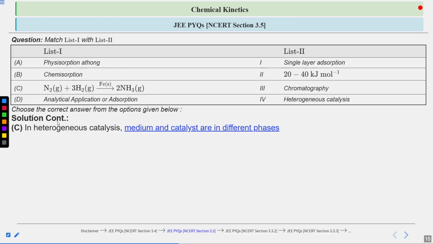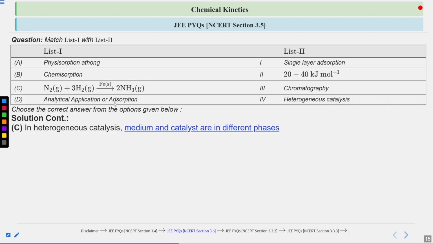Now the third one, this reaction, is a heterogeneous catalysis. Why? Because in heterogeneous catalysis, as the name says, hetero means different, homo means same. So in heterogeneous catalysis, the medium and the catalyst are in different phases. That means the medium in which the reaction is happening and the medium in which the catalyst is present are different.